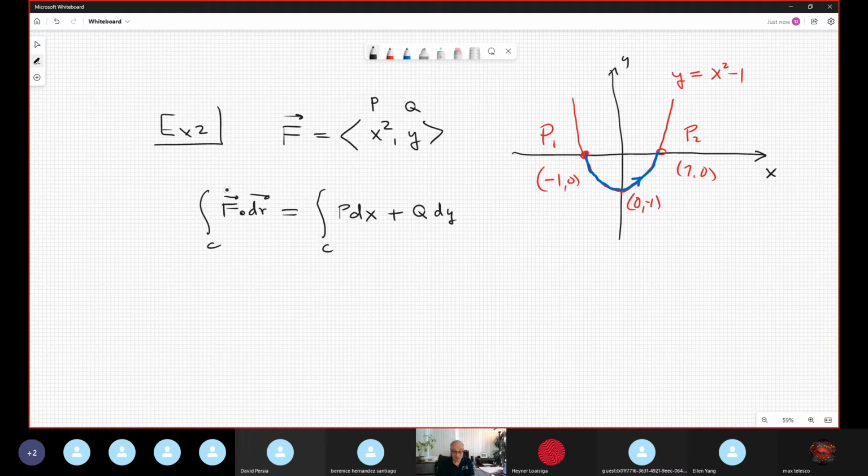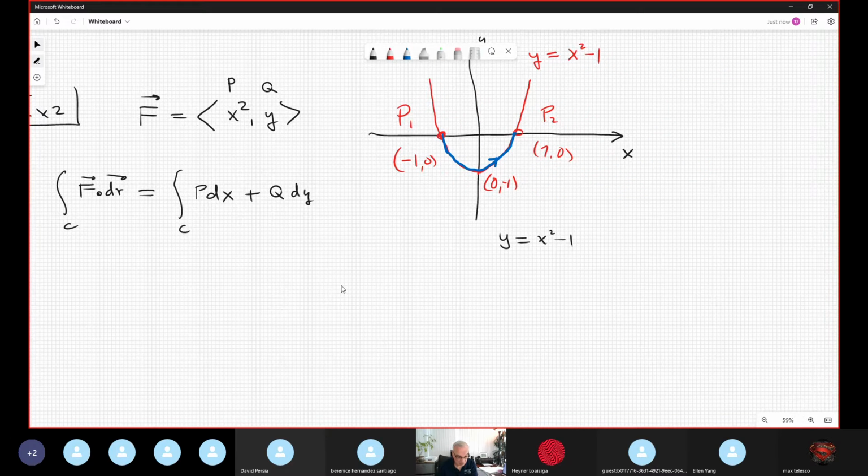This is my p, and this is my q, from the vector field. I want to travel on the parabola y equals x squared minus 1. So I need x, y, dx, and dy. It's easy.